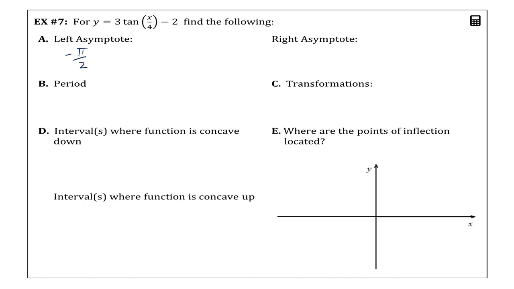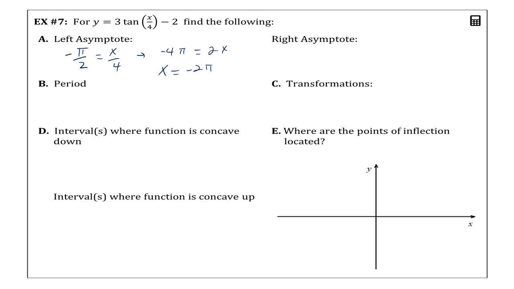Now, according to what is our argument here? Our argument is that x over 4. So we cross multiply and divide, and we get negative 4 pi equals 2x. When we solve for x, we end up getting x equals negative 2 pi. So our left asymptote is going to be at negative 2 pi.